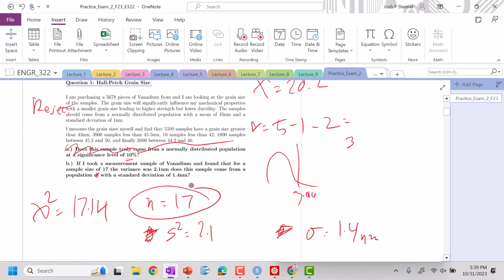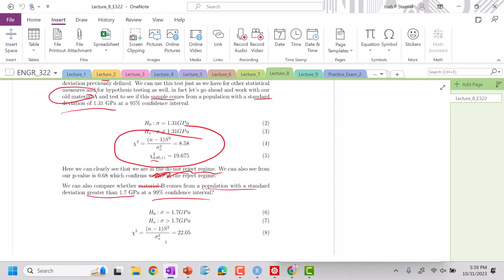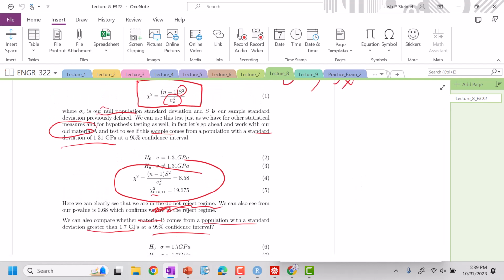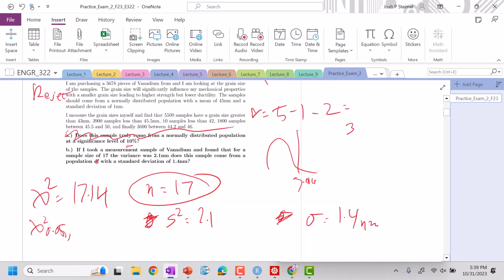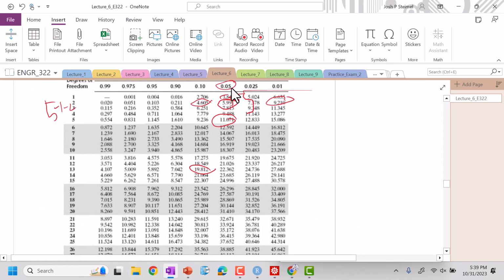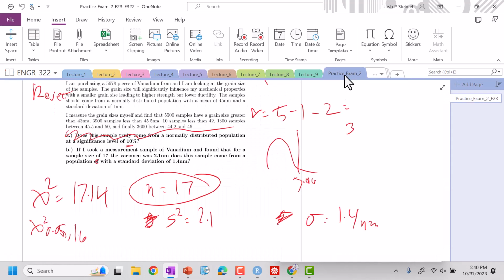Now we're looking at a chi-squared of 0.05, and going back to our lecture 8, we can see the value at 0.05 and a nu of 16: 26.